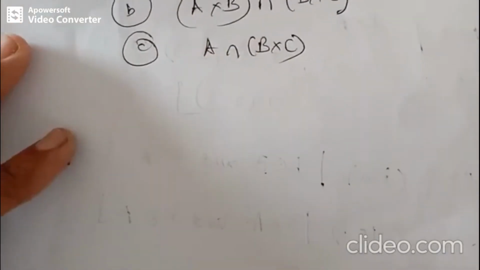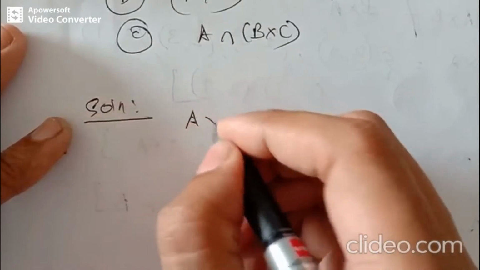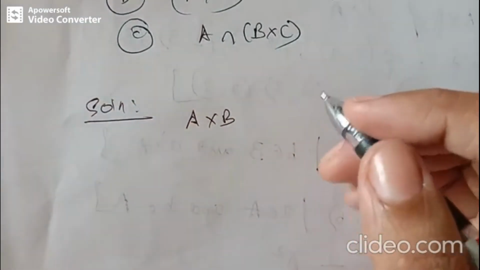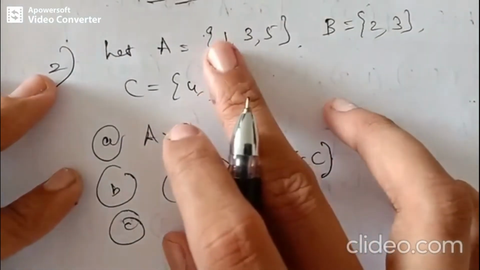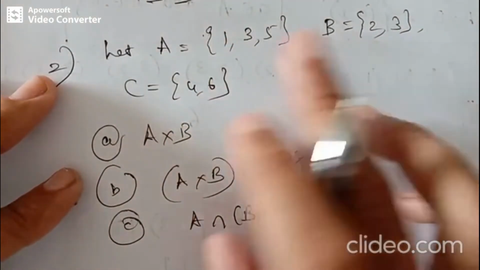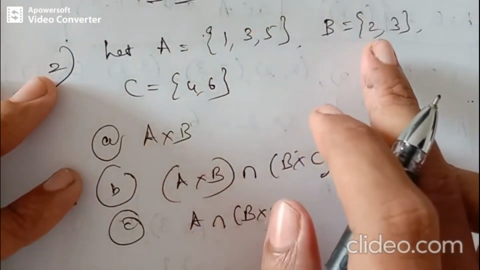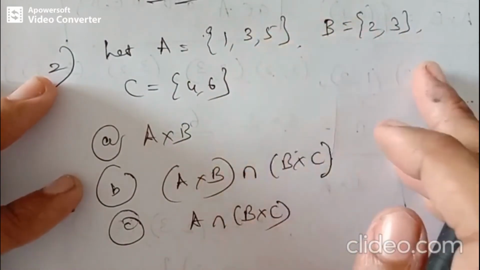Let's compute the first one, that is, we have to find out what A cross B is. We now know the elements in each set, 1, 3, 5. So A cross B will be (1,2), (1,3), (3,2), (3,3), (5,2) and (5,3).